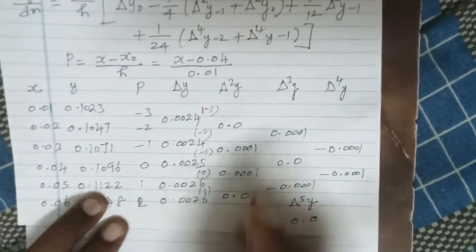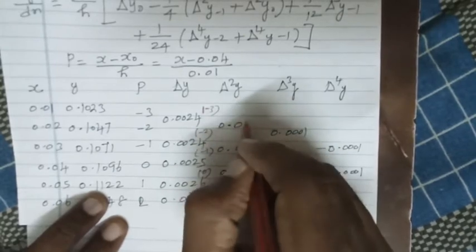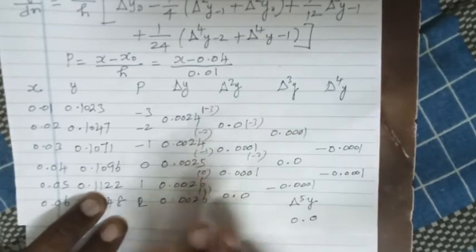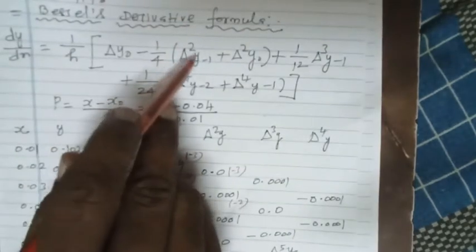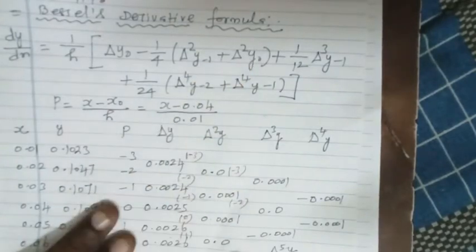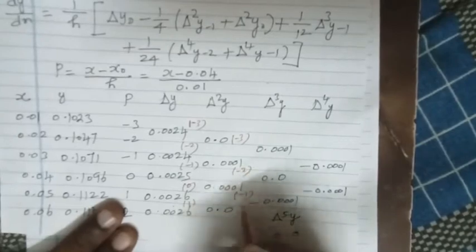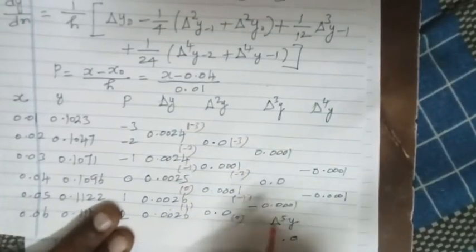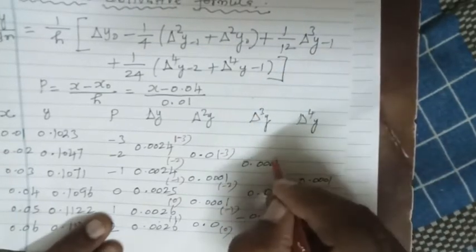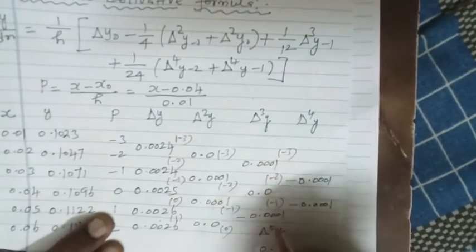And this is for delta square y minus 3, and this is for minus 2. In formula, delta square y minus 1, y naught value required. So this is for delta square y minus 1 and y minus 2, and delta cube requires y minus 1. We have to start with minus 3, minus 2, minus 1.